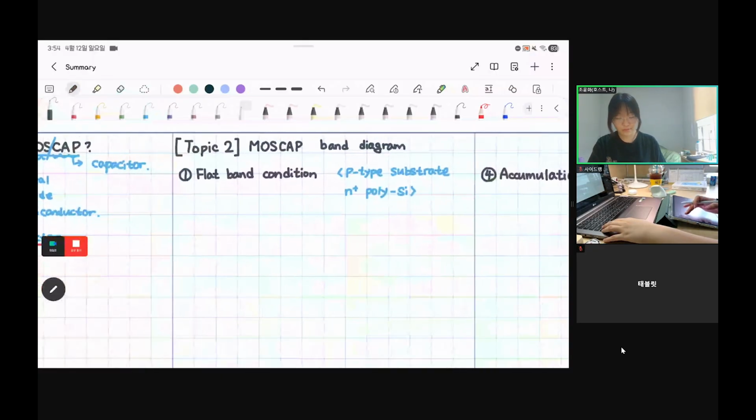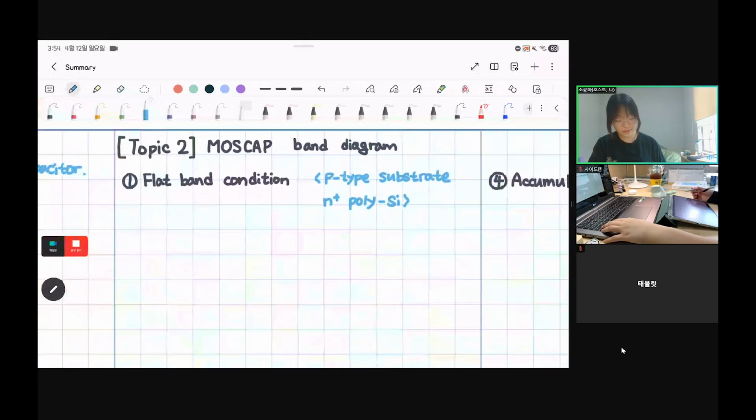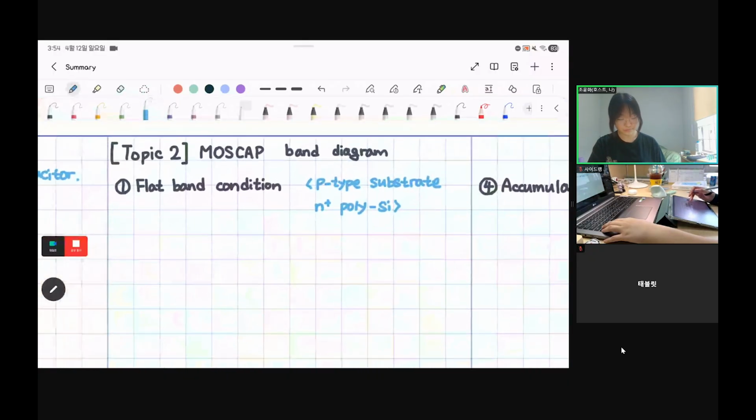So let's draw the MOSCAP band diagram. Before we draw this band diagram, we will use a P-type substrate, P-type semiconductor, and we also use heavily doped N-type polysilicon instead of metal.